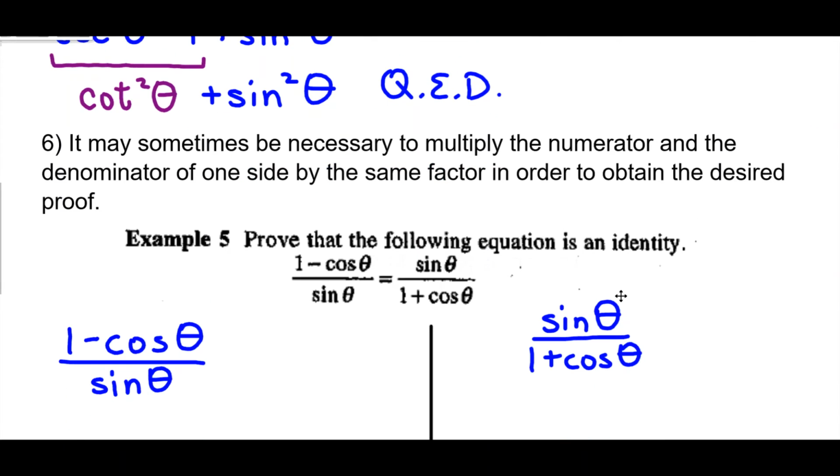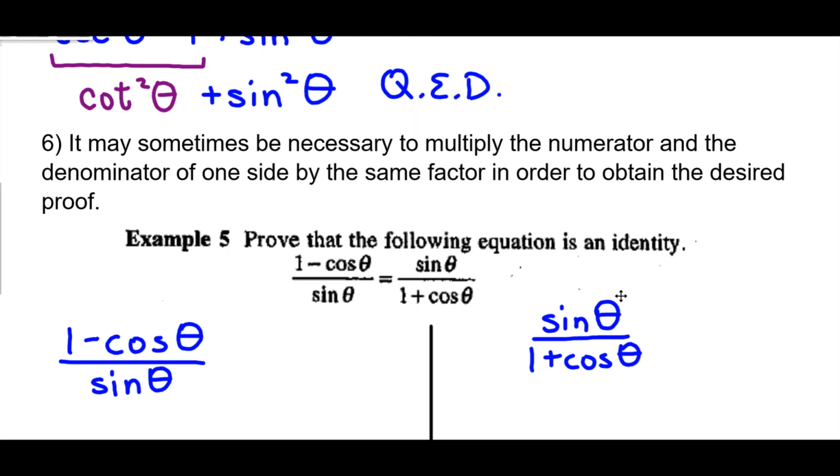Suggestion number 6 states that it may sometimes be necessary to multiply the numerator and the denominator of one side by the same factor in order to obtain the desired proof. Now, I often summarize this as sometimes we need to multiply by a really silly form of 1.